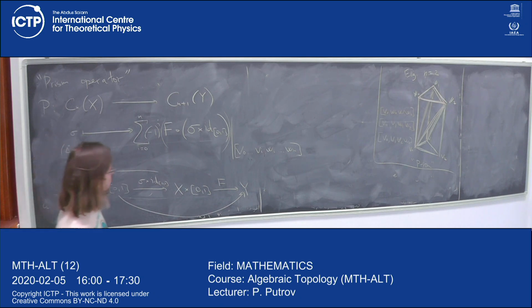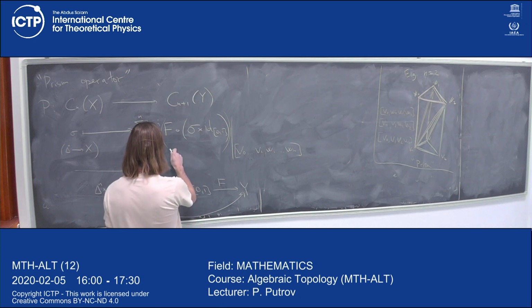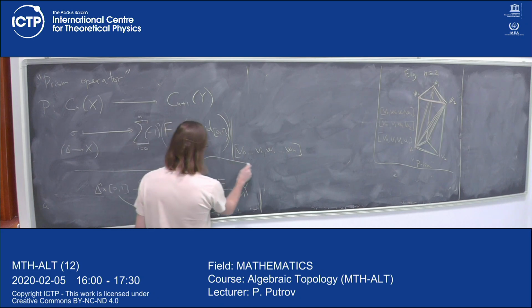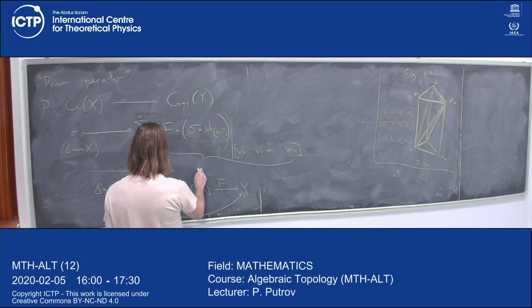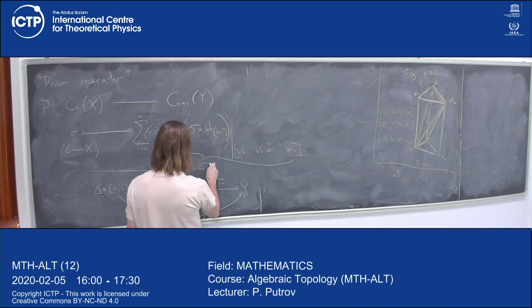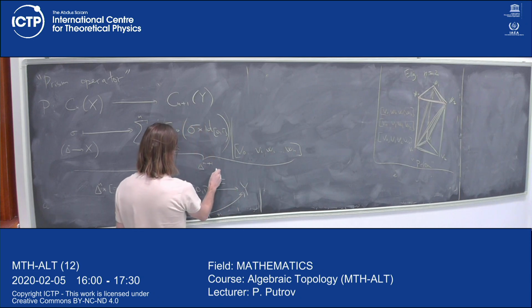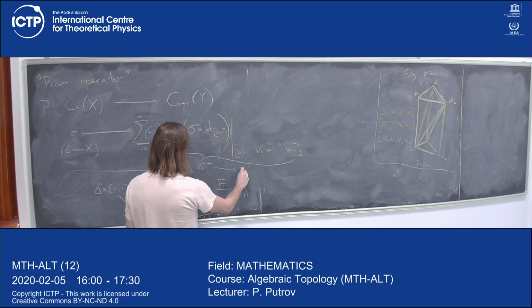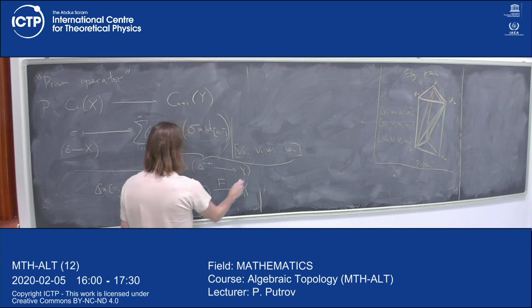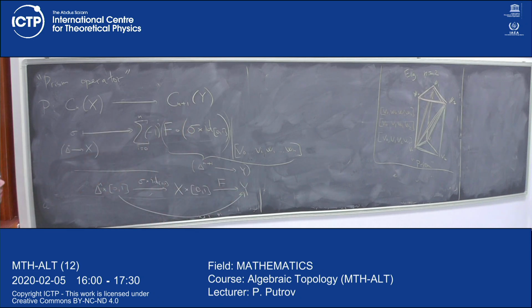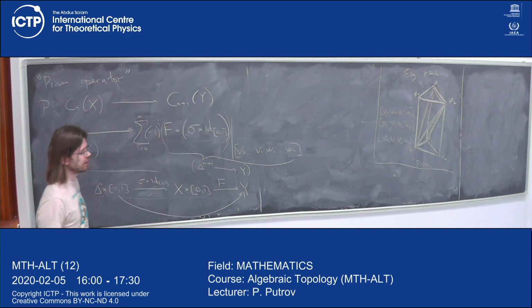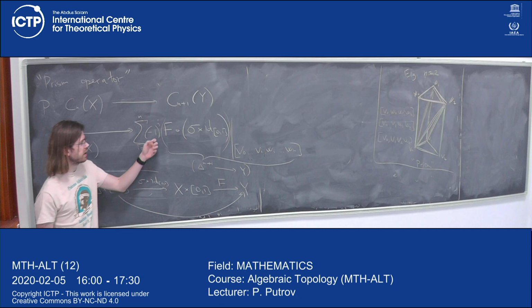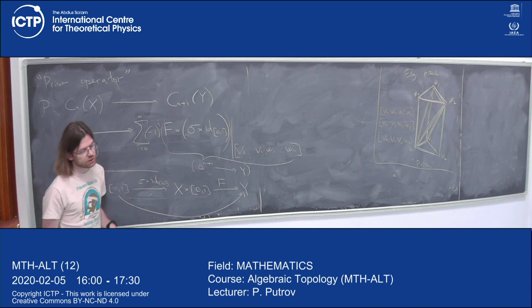The result of the restriction can be understood as a map from this simplex, which is an n plus 1 simplex, to y. It's well defined. It's indeed an element here, which I can take, and I can take linear combinations.